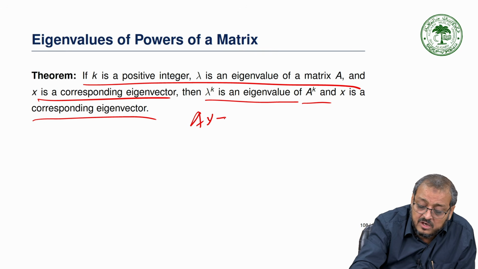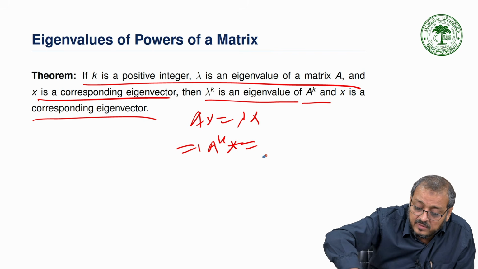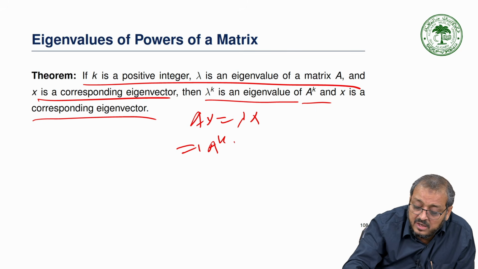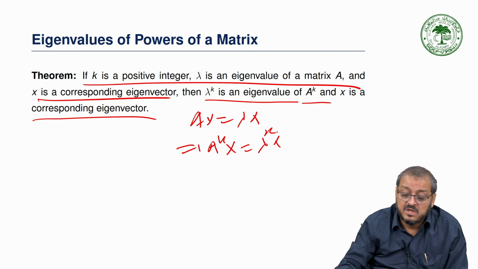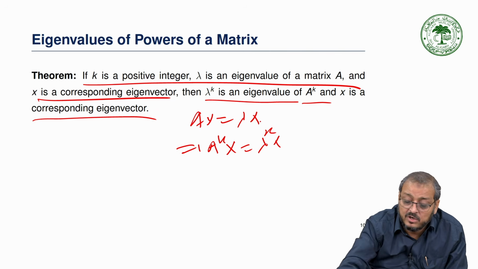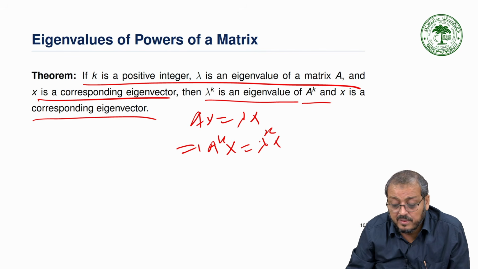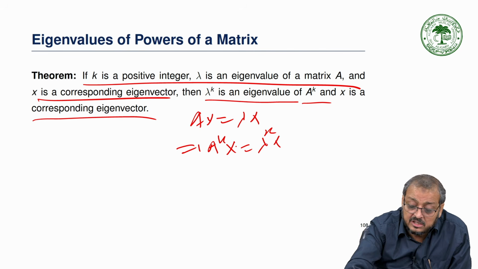So Ax is equal to lambda x, which implies that A to the power k x is equal to lambda to the power k x. Means if lambda is an eigenvalue of A corresponding to eigenvector x, then lambda to the power k is an eigenvalue corresponding to A to the power k x.